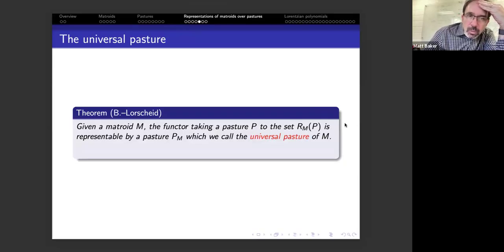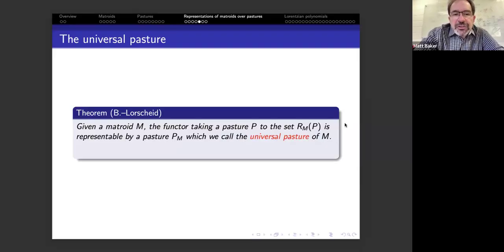So now, where does some of the power of this theory come from? So far this has all been descriptive, but where this actually becomes useful is that we have these universal gadgets, which you simply don't have in any classical setting. Namely, if you fix the matroid M, you can consider the representations of M as a functor, where you input a pasture P and you output the set of representations over P. And in fancy language, that functor is representable.